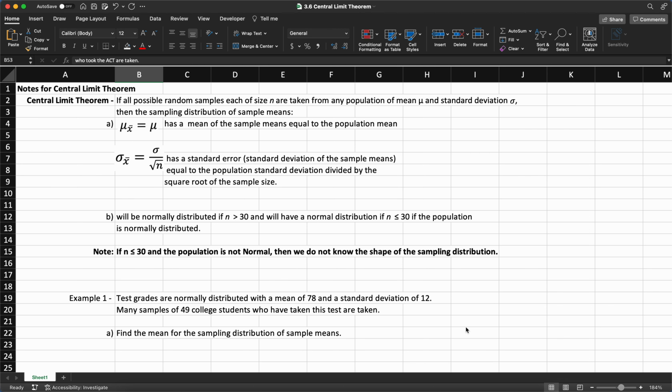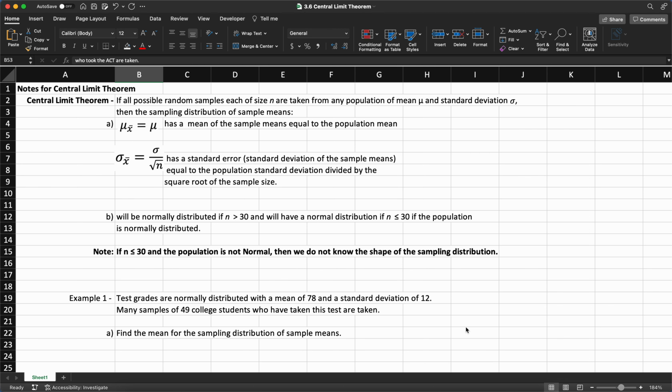So as the number of samples gets larger, not the size of the samples, but the number of samples that I'm taking gets larger, the mean of my sample means will get closer and closer to the population mean. And that's what the central limit theorem is saying.